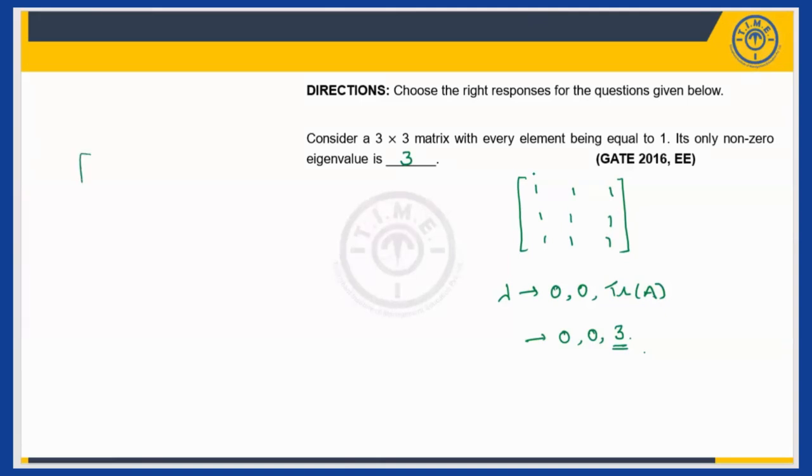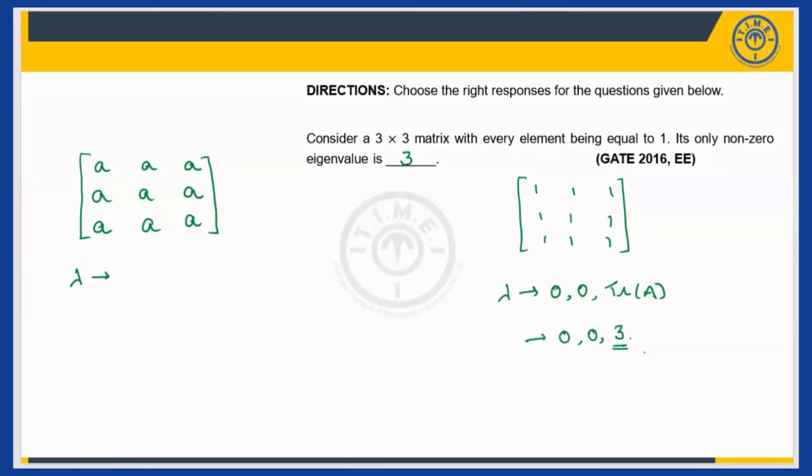Now let us say if I am having the matrix A as A, A, A, A, A, A, A, A, and A. Now, can you tell me what are the eigenvalues for this?